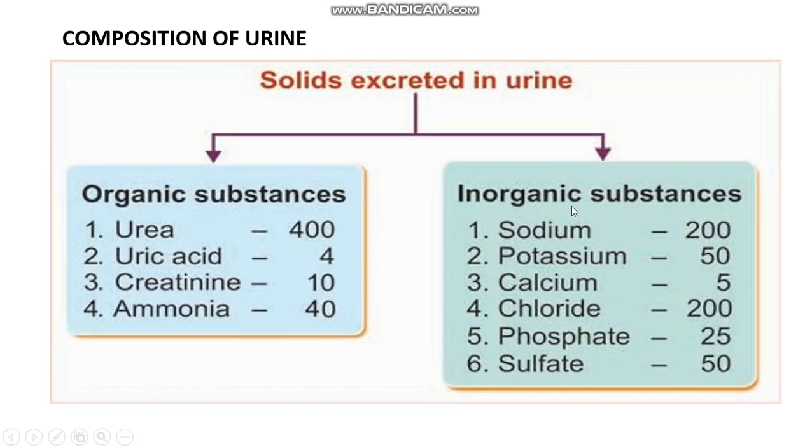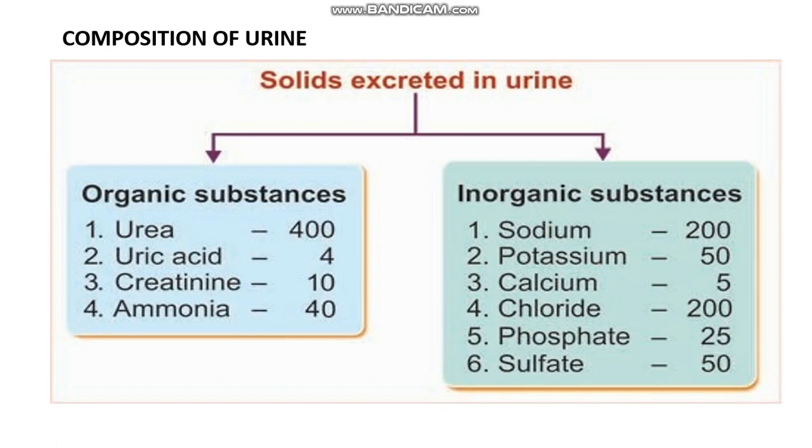So there are so many substances which are excreted in the urine. These substances can be divided into organic substances and inorganic substances. So urea will be 400, then uric acid 4, creatinine 10, ammonia 40, then sodium 200, potassium 50, calcium 5, chloride 200, phosphate 25, and sulfate 50.